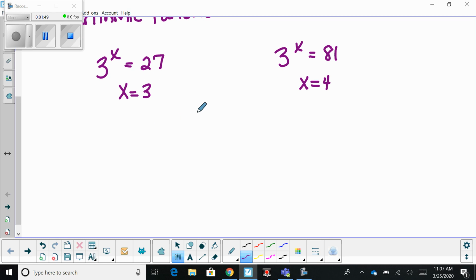However, if what I gave you was 3 raised to the x equals 52, we don't have a power for that. We know it's got to be somewhere in between 3 and 4, but it's going to be some kind of a decimal. So if it's not an exact power, we are going to have to use logarithms to solve for this.